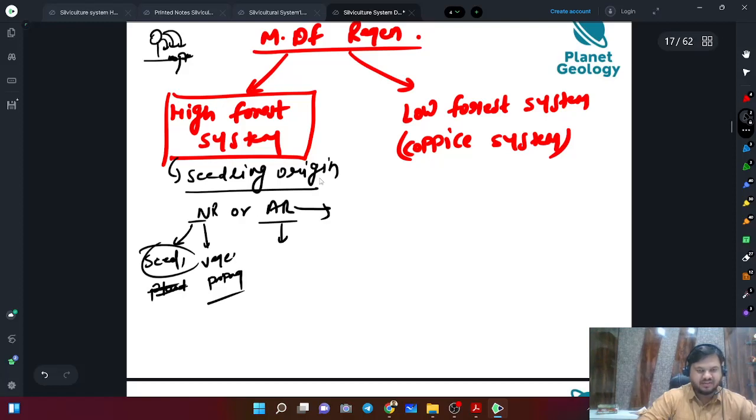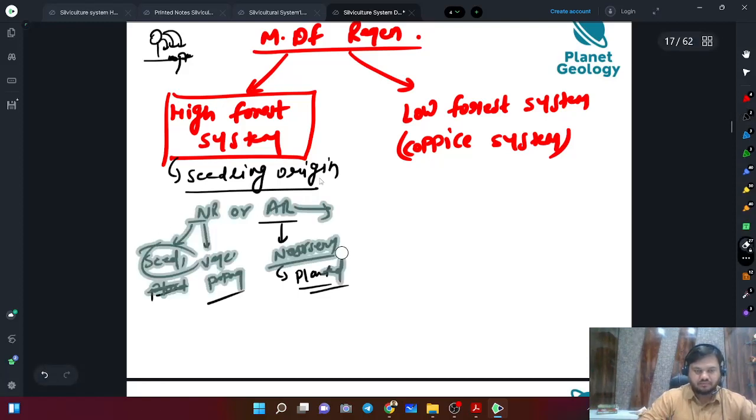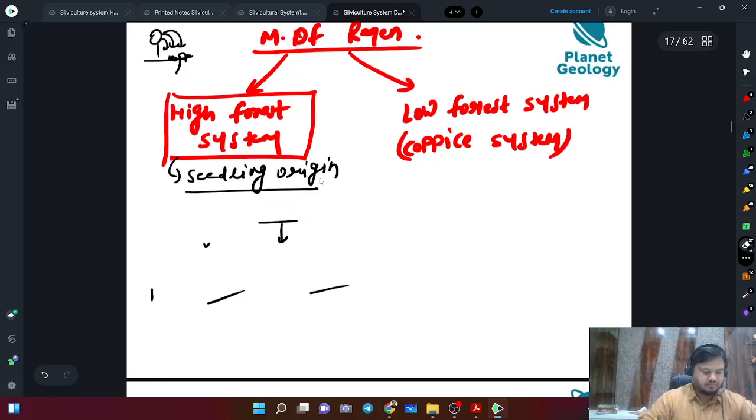And artificial regeneration is when we have brought it from nursery and we have planted the tree, right? Something like that. So the point is here, it is of seedling origin, right? And you understand low forest systems are those forests or those trees which originate from coppice, right?